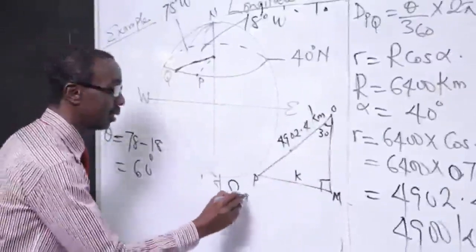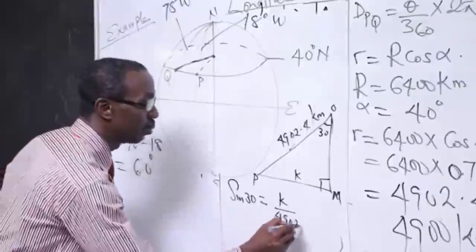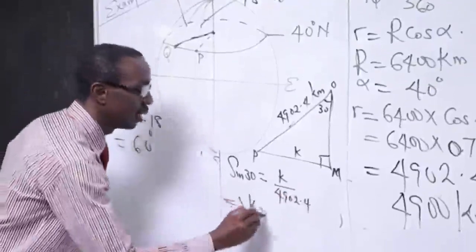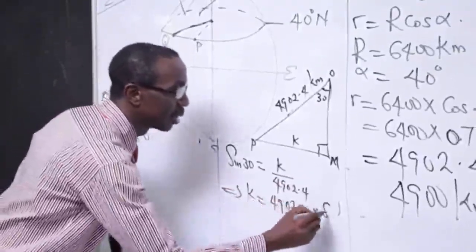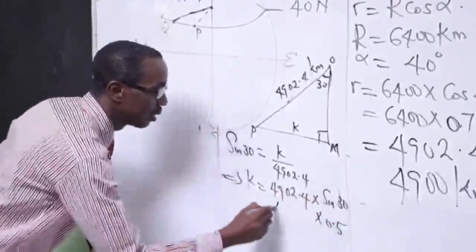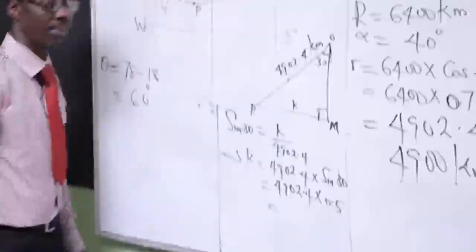That's sine 30 is equal to K over 4902.4. It implies that K is 4902.4 times sine 30. Sine 30 is 0.5.